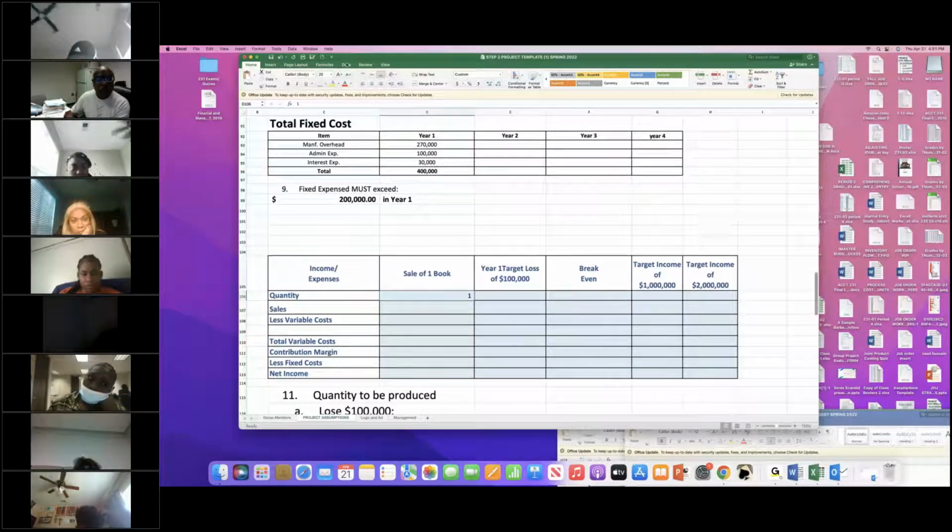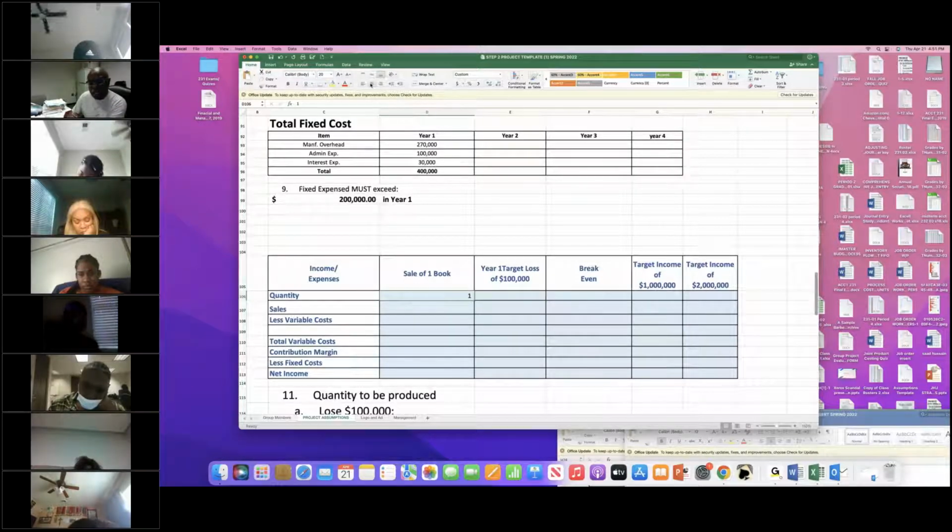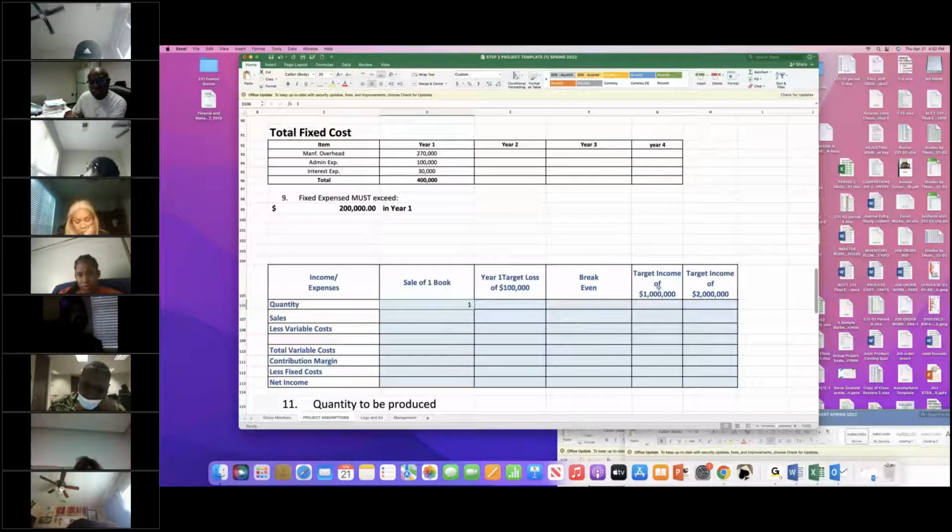So for the project, our target income is $1 million, you said, right? You got three: target loss of 100, break even, target income of 1 million. Okay, so it's this right here. Ignore the 2 million.